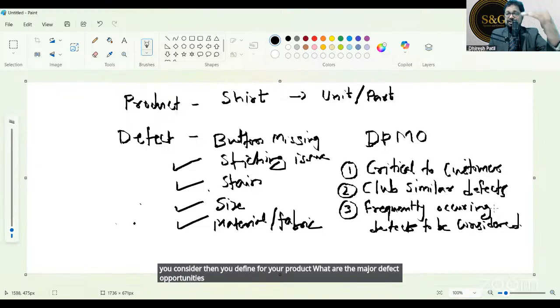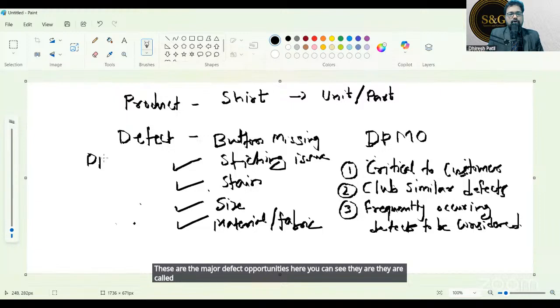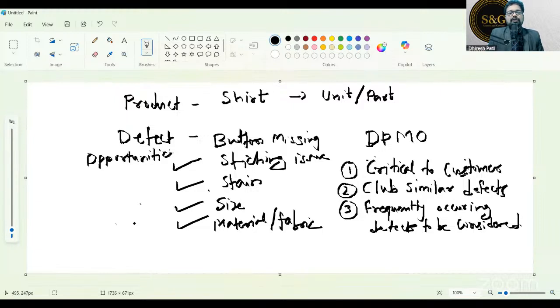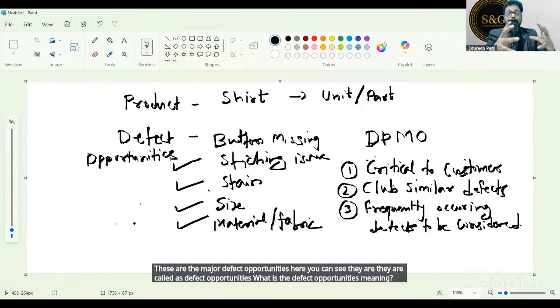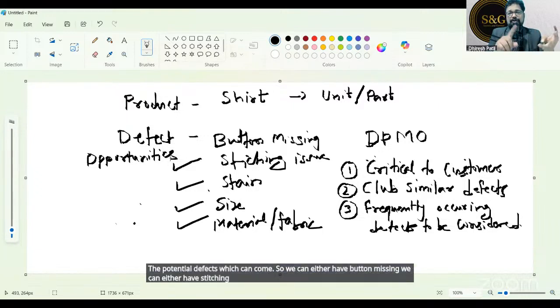So in this shirt, these are the major defect opportunities. Here you can see they are called defect opportunities. What do defect opportunities mean? The potential defects which can come. So we can have button missing, a stitching issue, a stain, a size problem, or a material or fabric problem.